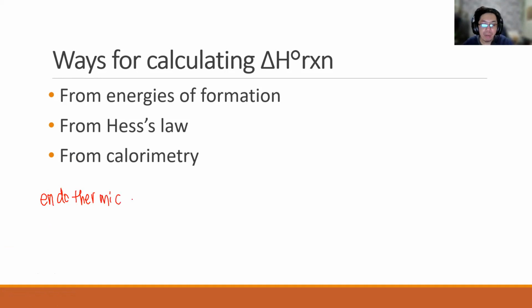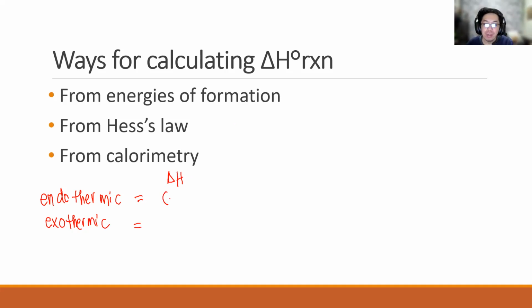So this one requires heat, right? And then, what is the opposite? Reactions that produce heat. Exothermic. Very good. Now, I want you to recall what is the sign for delta H when endothermic. Positive.